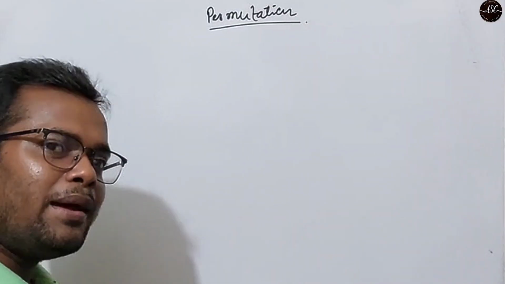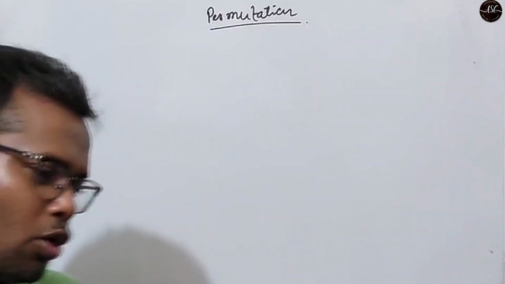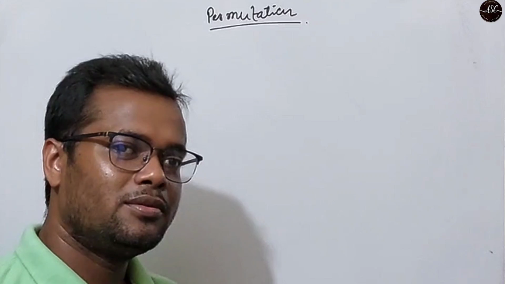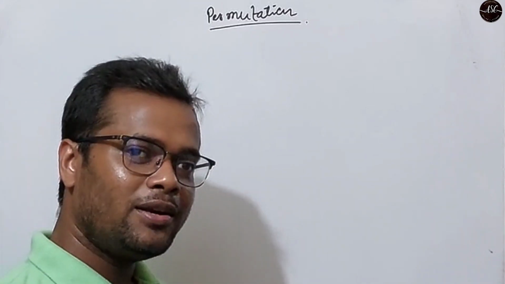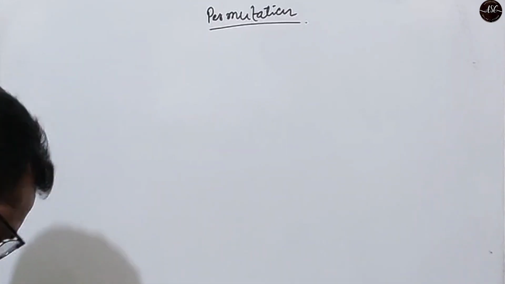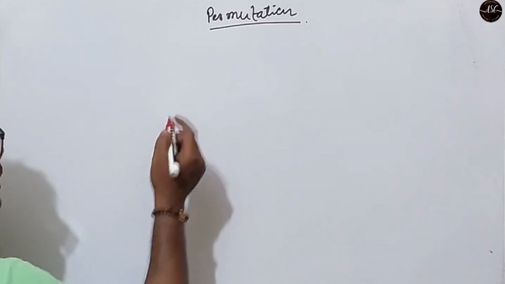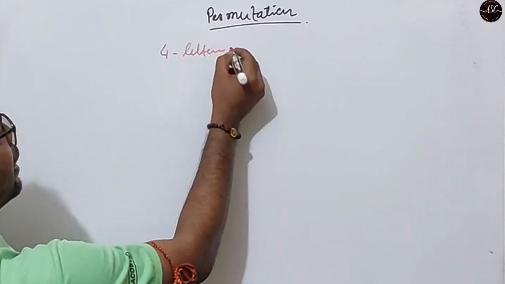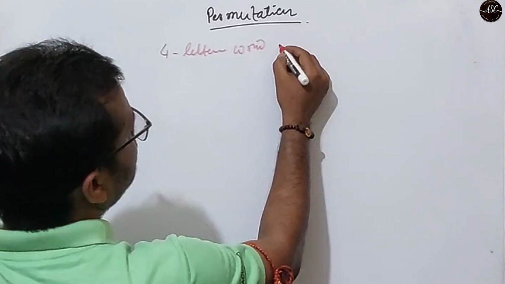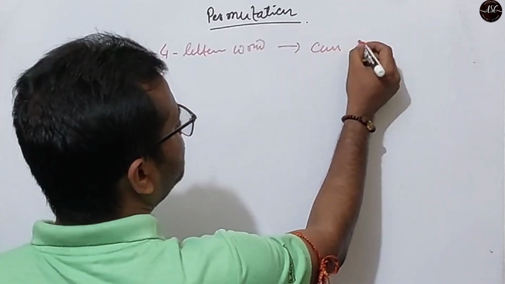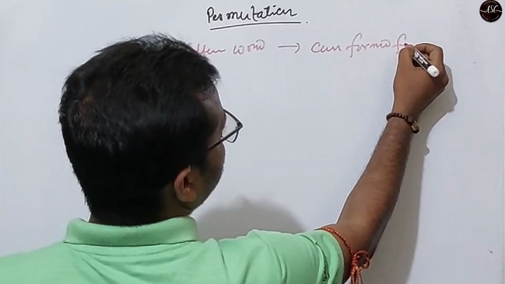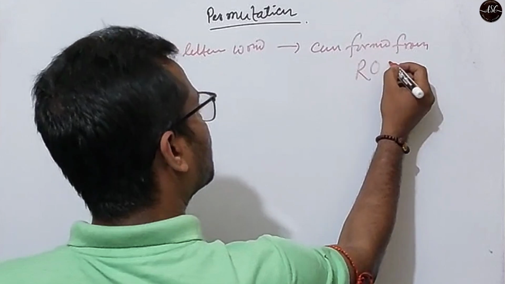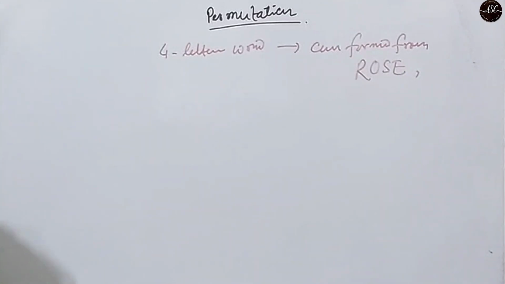Now we will learn about the word permutation. We have already learned about permutation, but one question has arisen in your mind. We have done an example: a 4-letter word can be formed from the letters.